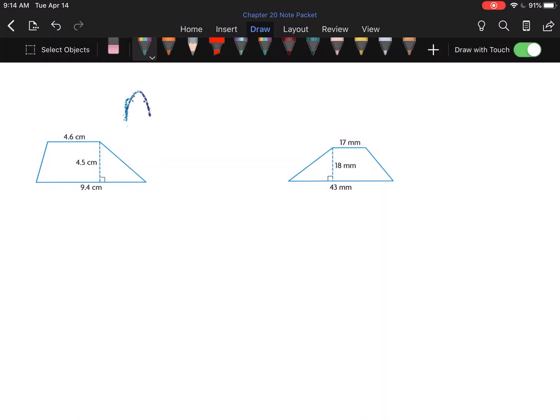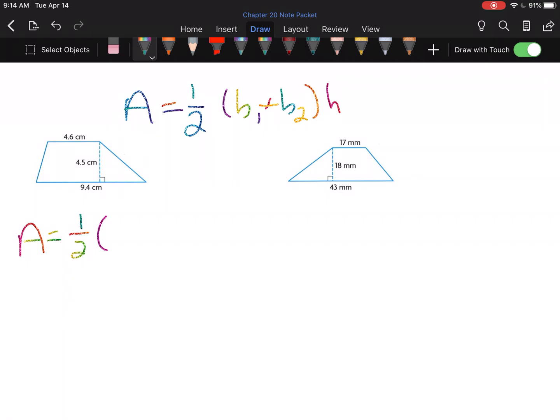So I'm going to slap the formula down here so I have it to look at. So in this first trapezoid on the left, area equals 1/2 times base 1, we usually call the bottom, so 9.4, plus base 2 is the top, that'll be 4.6, and then all of that times the height of 4.5.